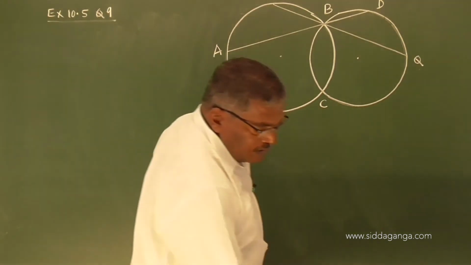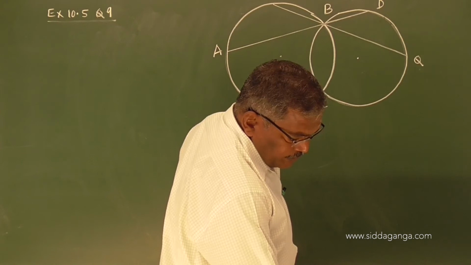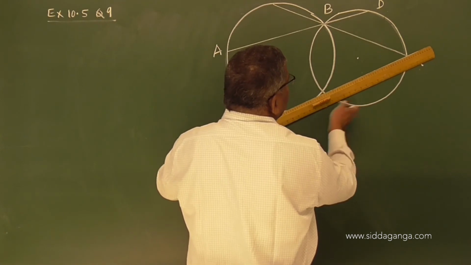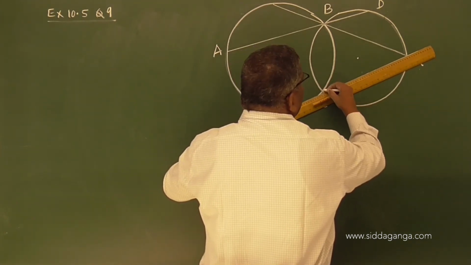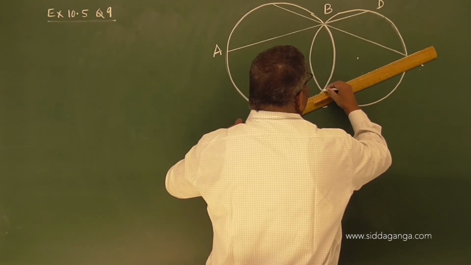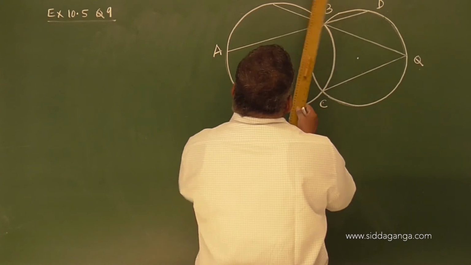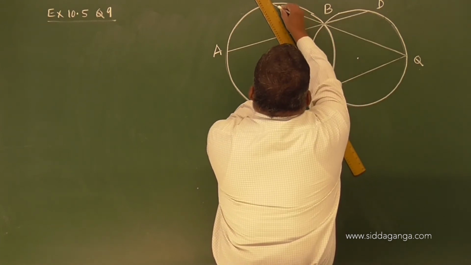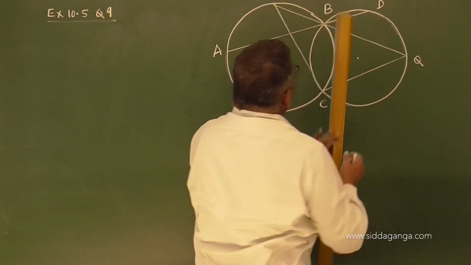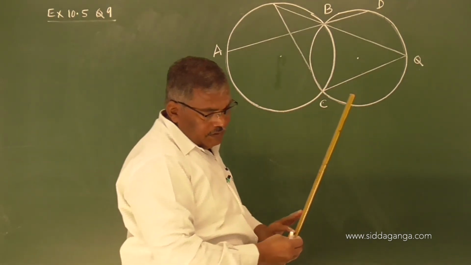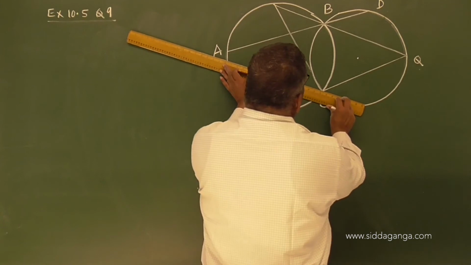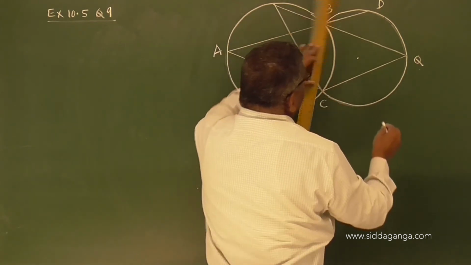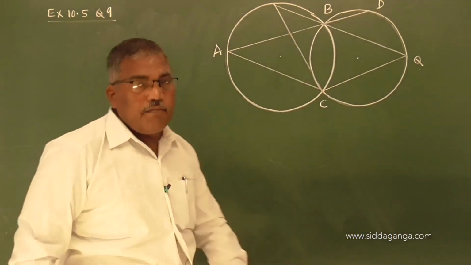Now, join CQ and CP. Join CA. So this is the diagram.